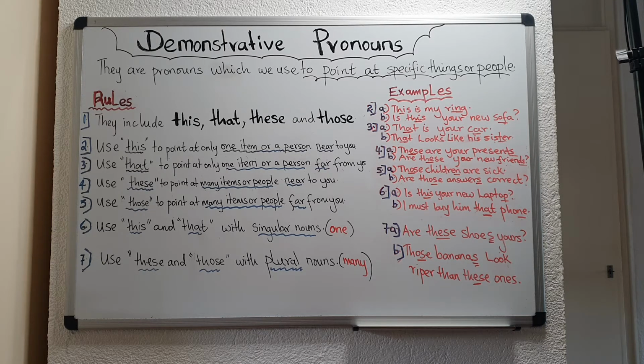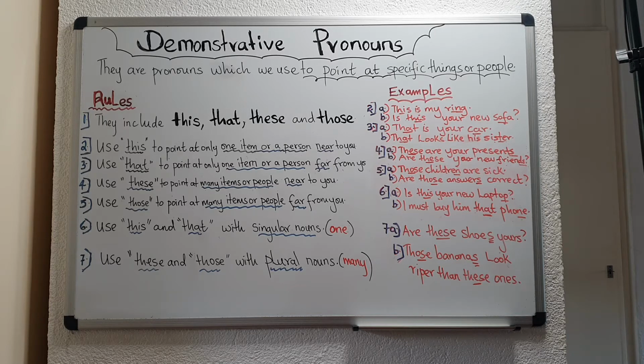For example, look at examples 2a and b. This is my ring. In that sentence, the ring is very near me. In fact, I'm wearing the ring. And it is one ring.